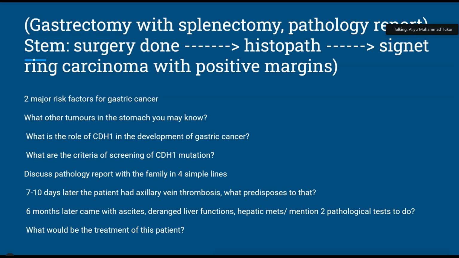Early dumping syndrome usually occurs within 30 minutes after a meal, and this is as a result of hyperosmolar food contents extending into the bowel, which will cause massive fluid secretions within the small bowel.